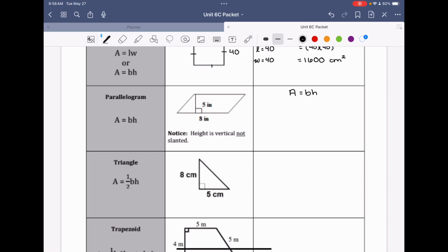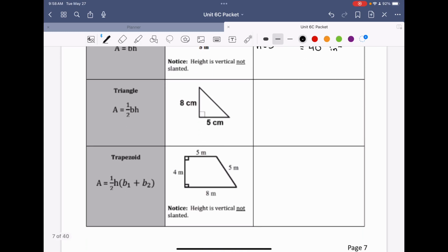So you never want this slanted height here. Okay. So we've got that our base is 8 inches. Our height is 5 inches. So we're going to multiply them together. 8 times 5, which is 40 inches squared.